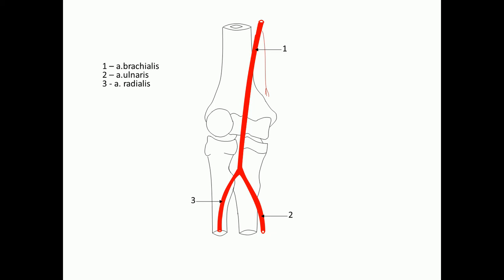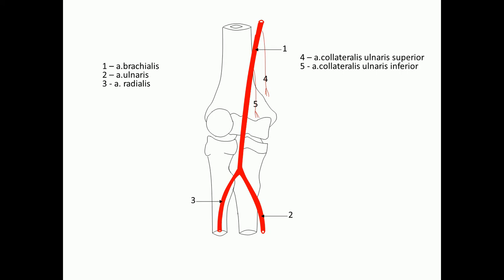So, the first vessel is designated as number 4, arteria collateralis ulnaris superior. And parallel to it, number 5, arteria collateralis ulnaris inferior.